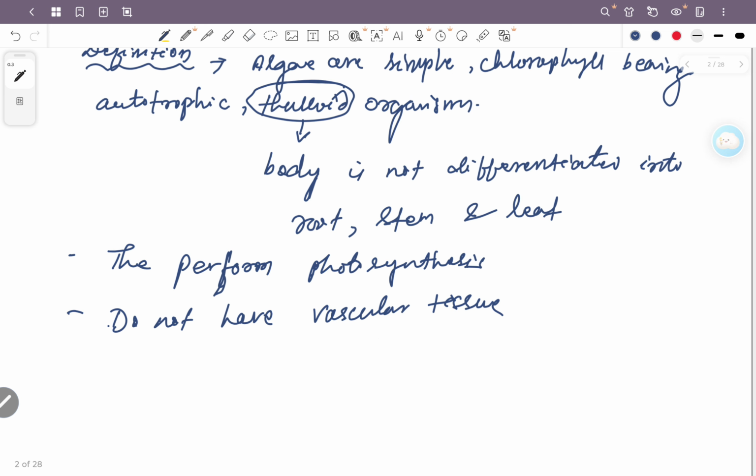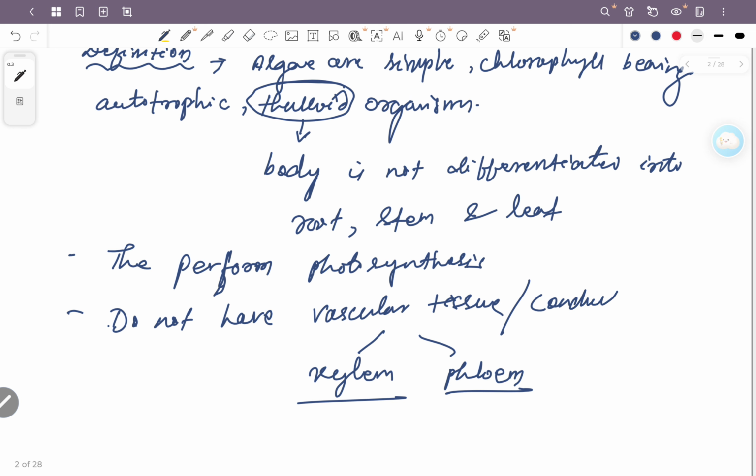Vascular tissue means what? Xylem and phloem. They are also known as conducting tissue. Okay, so these are absent. That's why the root, stem and leaves are not known as true root, true stem, true leaves.